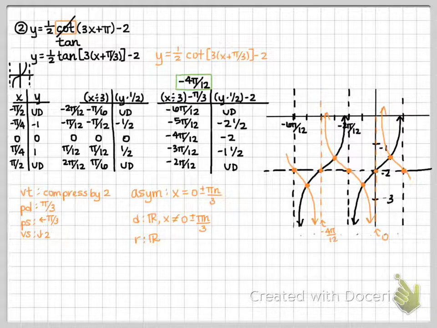So in this case, the decreasing is identical to the domain, whereas on the previous slide, the increasing was identical to the domain. Then, if we take a look at the y-intercept, it looks like we have an asymptote right on top of the y-axis, which means we don't have any y-intercept here. Doesn't exist, or none. And then, what else do we need? Oh, even, odd, neither.